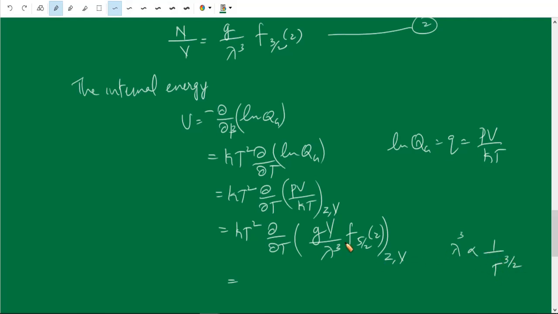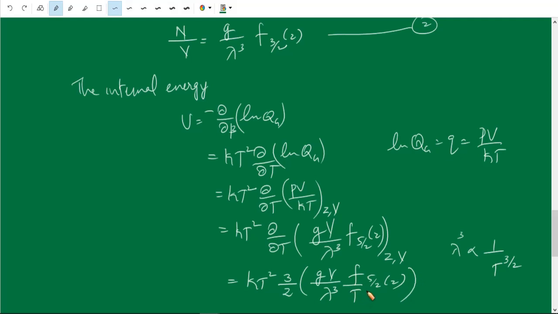If you differentiate, z is constant, V is constant, g is constant anyway, so this will become kT squared, 1 by lambda cube will be T raised to 3 by 2, so this will be 3 divided by 2 g V divided by lambda cube f 5 by 2 of z divided by T.